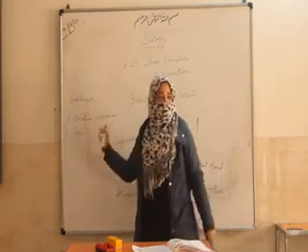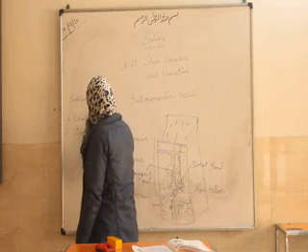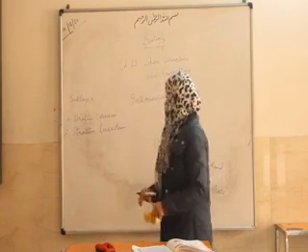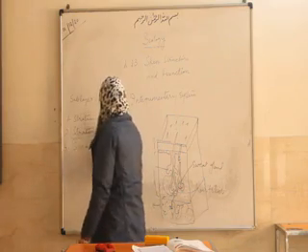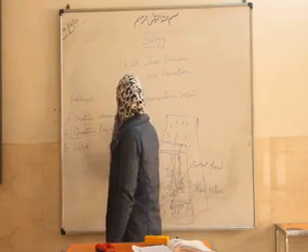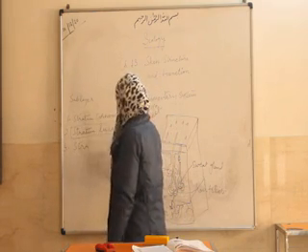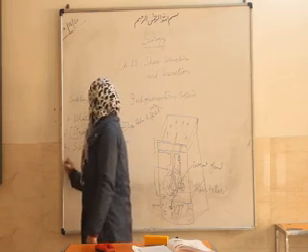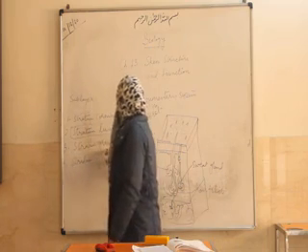This stratum lucidum is only found in the palm of the hand and sole of the feet. Third one is stratum granulosum.